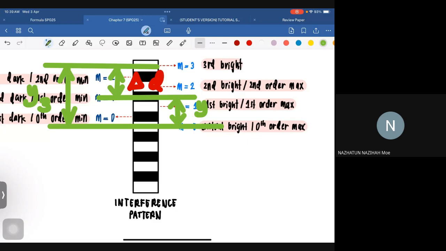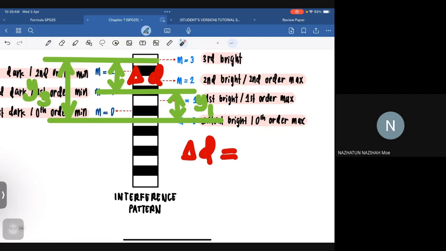Can you understand? Okay, so from here we can find delta D because we can subtract Y3 minus Y1 to get this distance. So Y3 minus Y1.